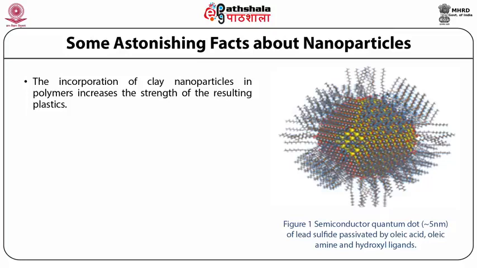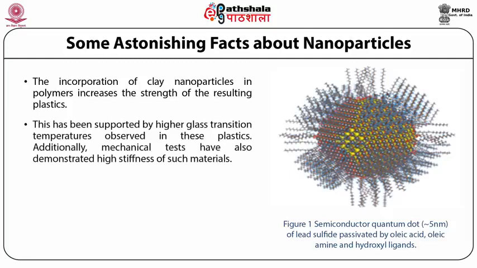The incorporation of clay nanoparticles in polymers increases the strength of the resulting plastics. This has been supported by higher glass transition temperatures observed in these plastics. Additionally, mechanical tests have also demonstrated high stiffness of such materials.